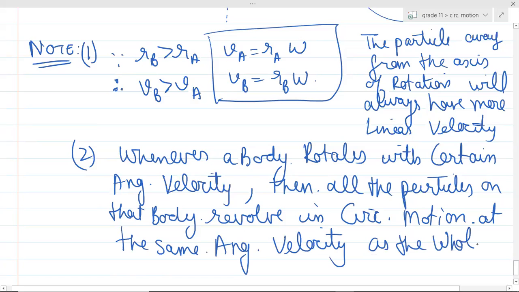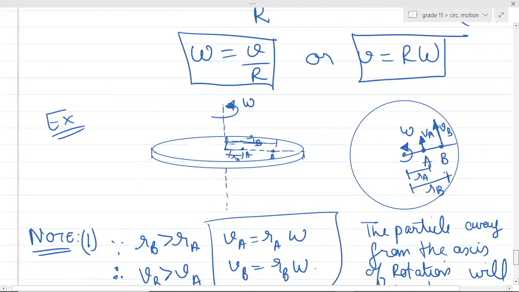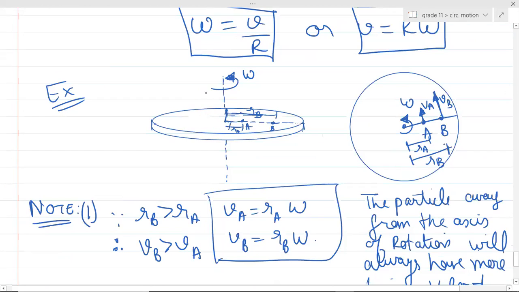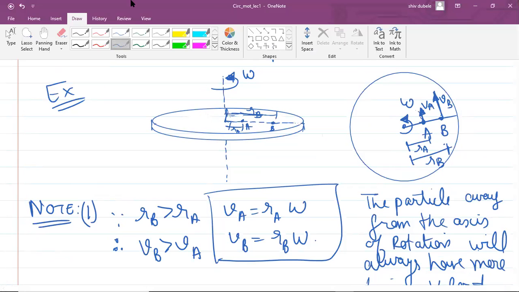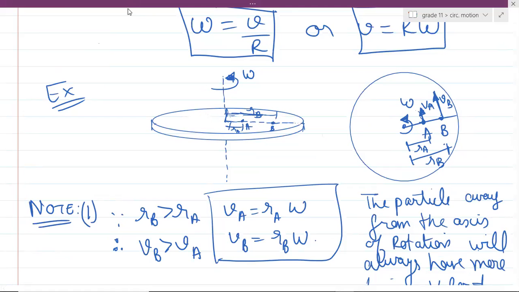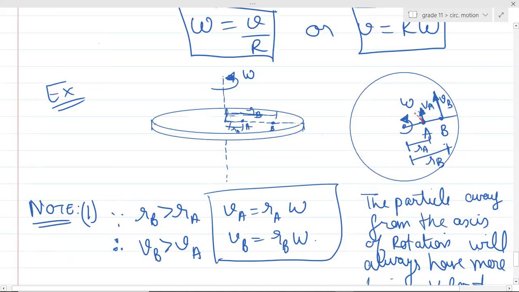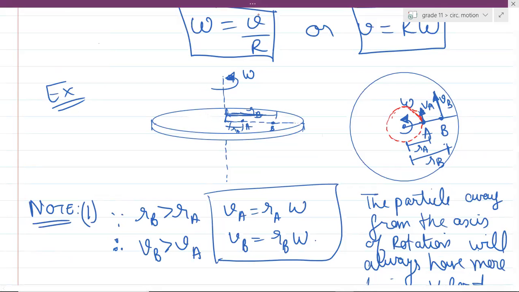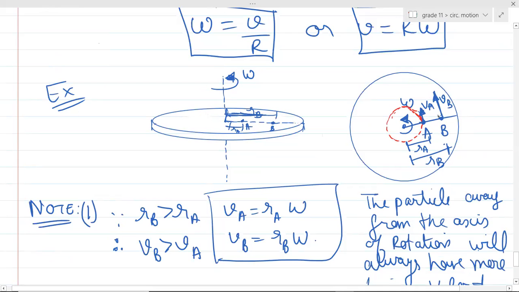Sir, what do you mean by this? We meant by this, suppose there is a body which is rotating with an angular speed omega. Then point A is rotating in a circle of radius RA, and point B is rotating in a circle of radius RB.